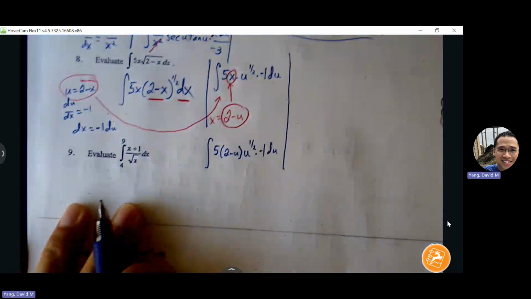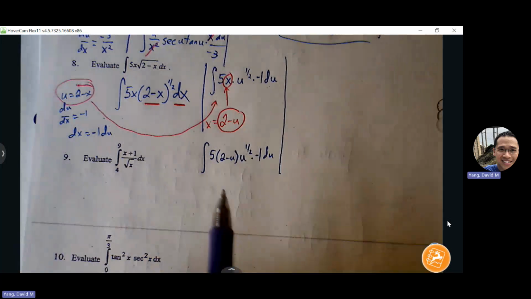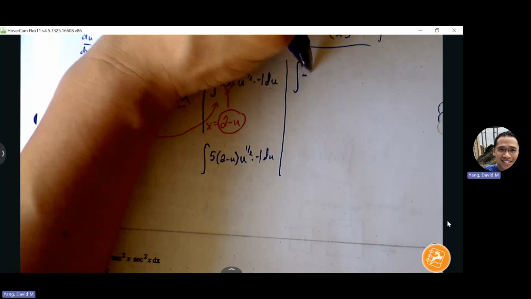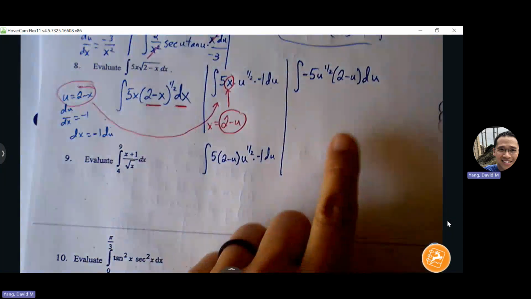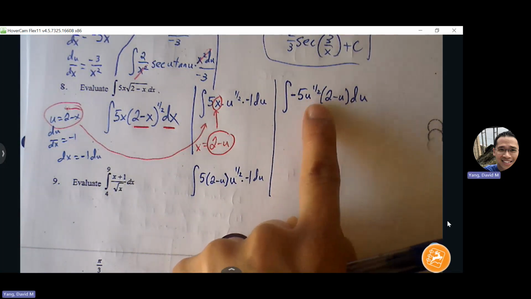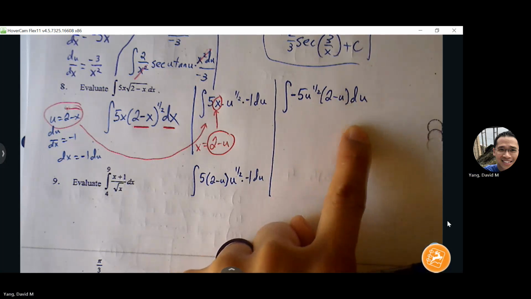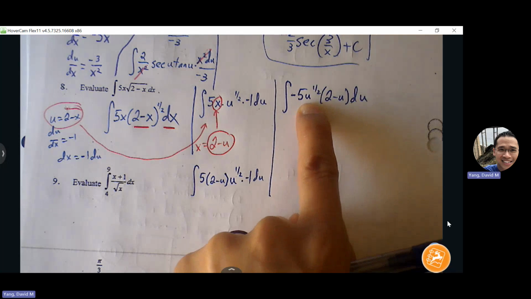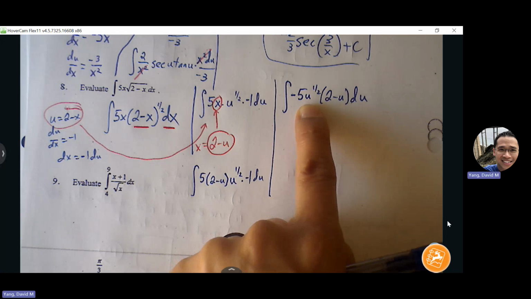Yeah, I'm going to just rewrite it one more time because I would just like to have something in front, just distribute everything through once rather than have to do 5 and the u and the negative at different times. So I'm just going to do it all in one go if I can. I'm still not ready for power rule, but I'm almost there. I'm going to just distribute this through. Once every term is nicely separated, then I can do power rule. Then I can do plus c. And then, oh, and then remember, u is only a temporary variable, so we need to bring our 2 minus x back into our answer eventually.